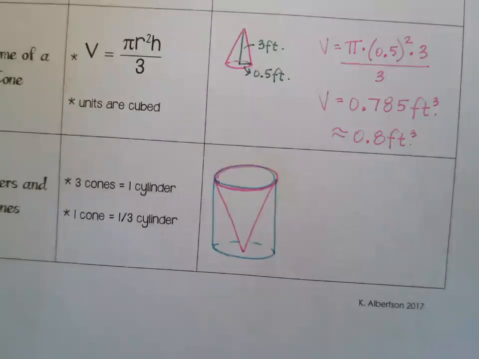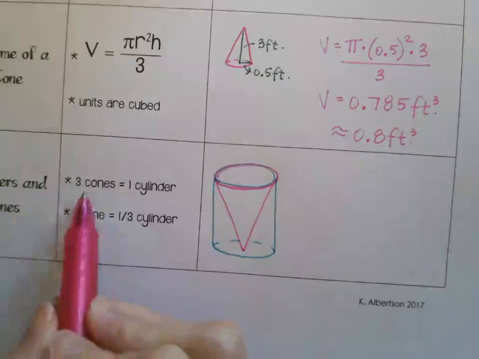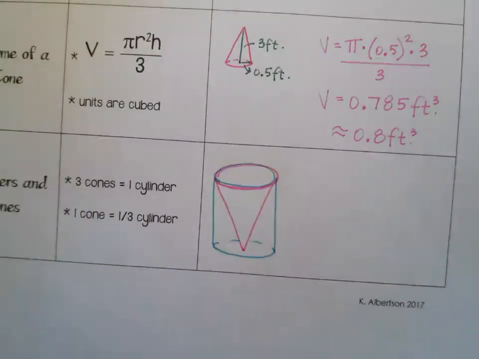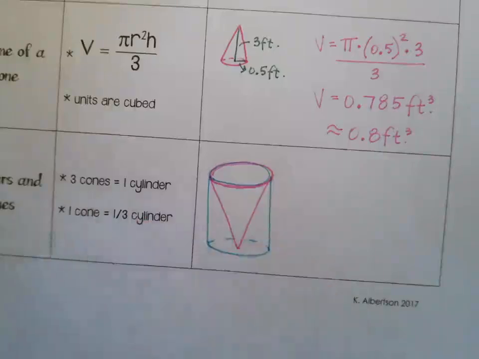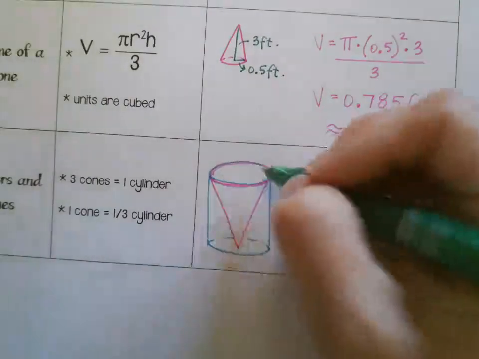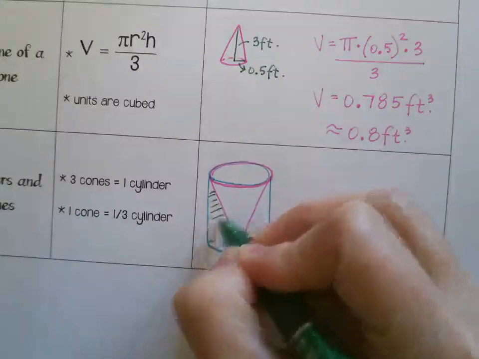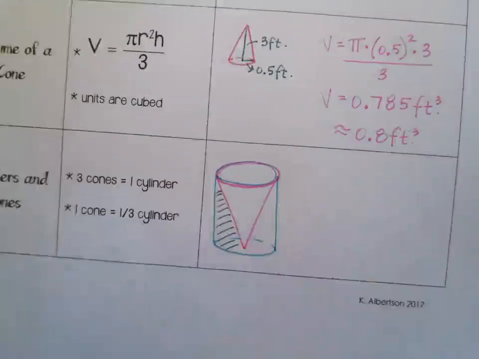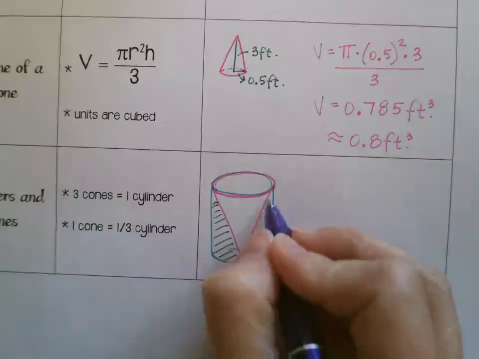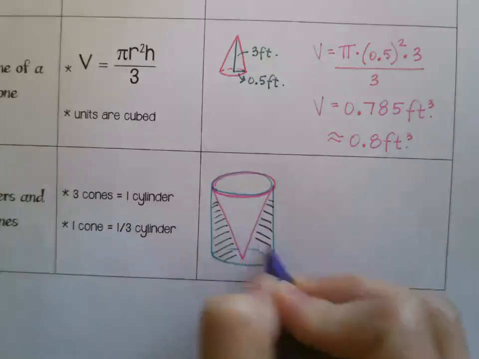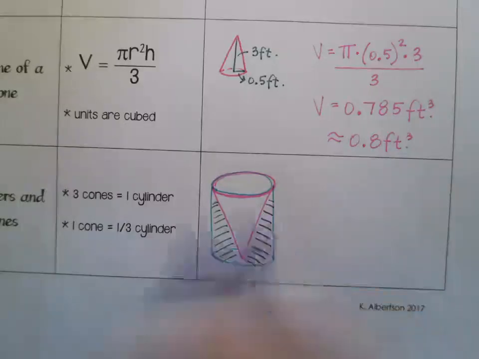Some of you guessed 2, some of you guessed 4, but the correct answer is 3. We could fit 3 cones into this cylinder. Because that cone's right there, but we have space for another cone out over here, and then space for another cone out over here. So remember, we're dealing with a 3-dimensional object.